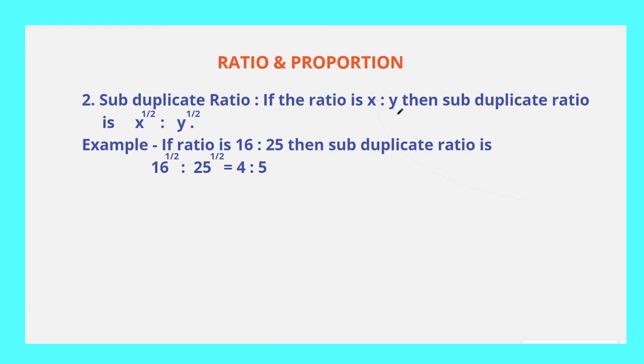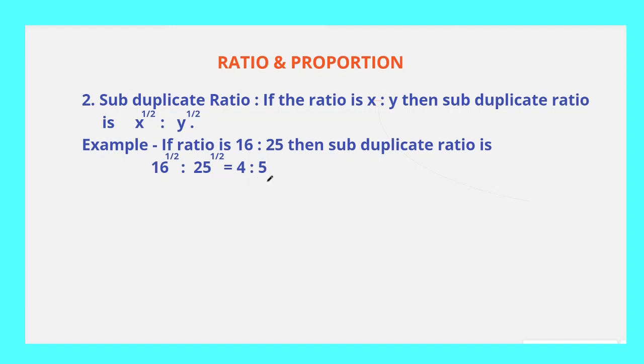Type 2, subduplicate ratio. If the ratio is x ratio y, then subduplicate ratio is x to the power half ratio y to the power half, that is root over x ratio root over y. For example, if ratio is 16 ratio 25, then subduplicate ratio is 16 to the power half ratio 25 to the power half, or root over 16 ratio root over 25, which is 4 ratio 5.